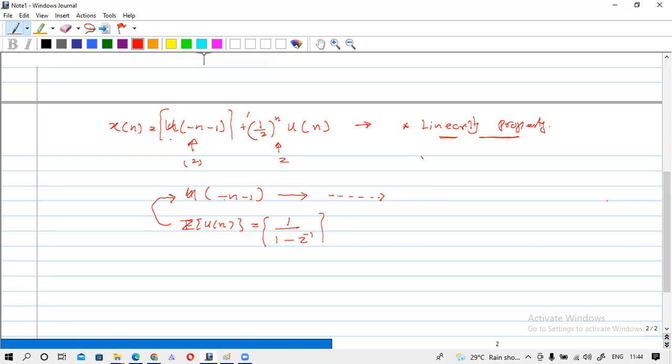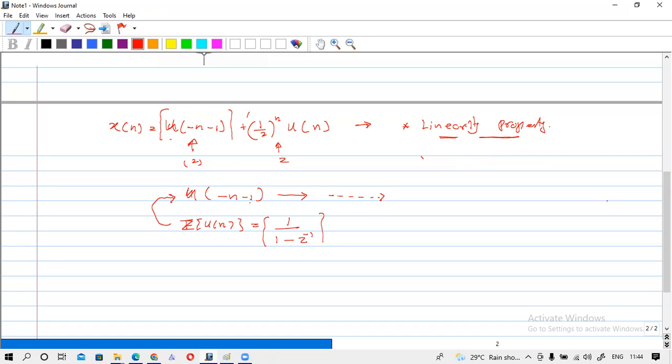So you can see that it is time reversed and time shifted, so we have to use the time reversal and time shifting property. First you can consider time reversal, then you can consider the time shifting.